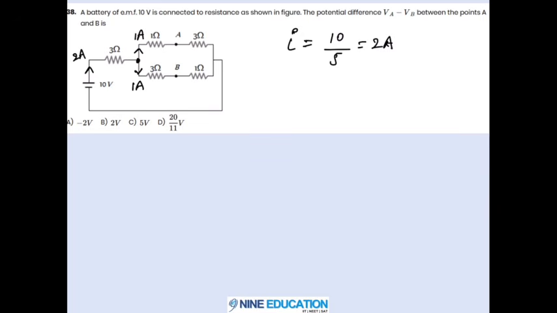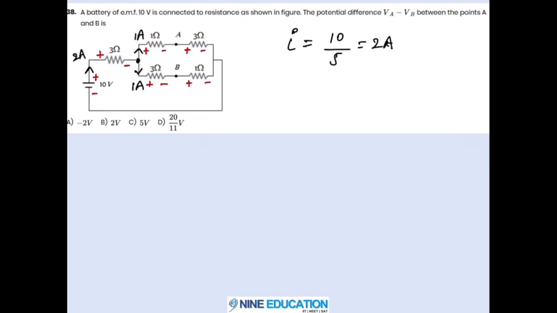Now, once we have all this information, put the polarities. See, this is negative, this is positive. Now you can see that through this 3 ohm, current is flowing like this. Therefore, current always flows from higher potential to lower potential in a resistor. Here also, plus minus, plus minus, plus minus, plus minus.